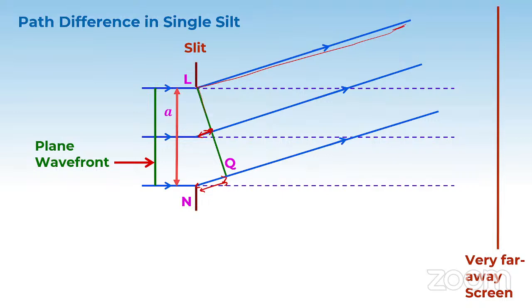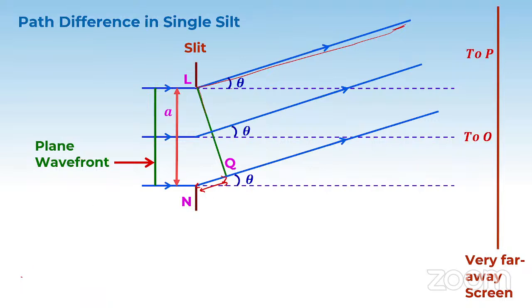And that path difference we have to calculate. Now, clearly, the wave which is traveling along the path L to the screen is leading the wave which is on N and reaching the point on the screen. Okay?